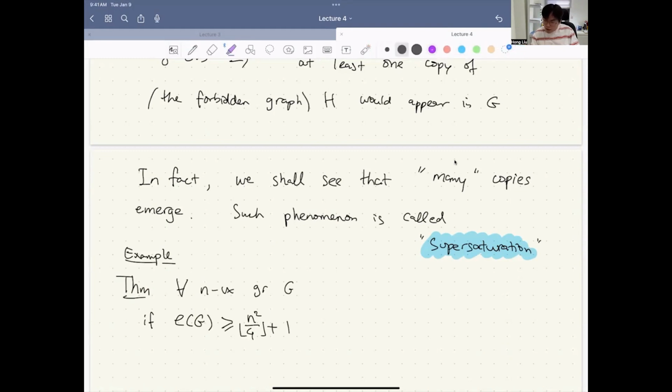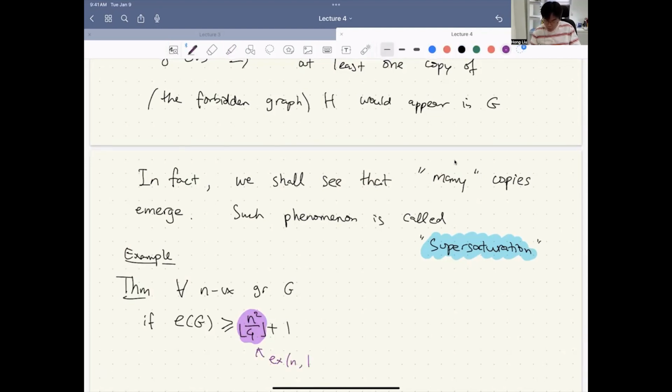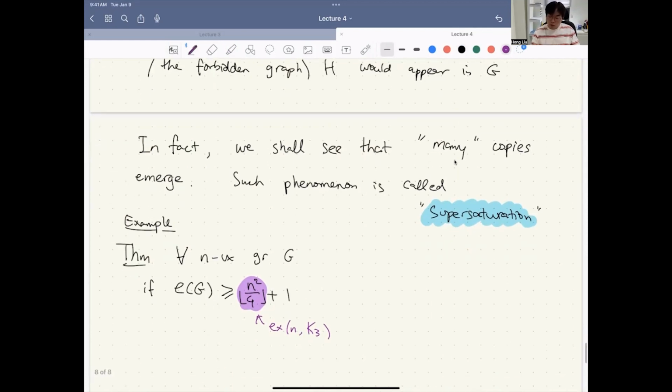Everyone recall, that's the extremal number of K3, the triangle, Mantel's theorem, right? So when we go above Mantel's bound by just plus 1, by the definition of extremal number, we will see at least one triangle appearing in G. But this theorem is saying not just you will see one triangle, there are actually at least floor of n over 2 triangles.